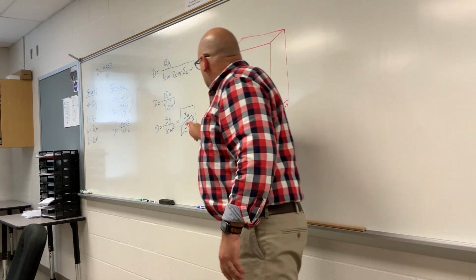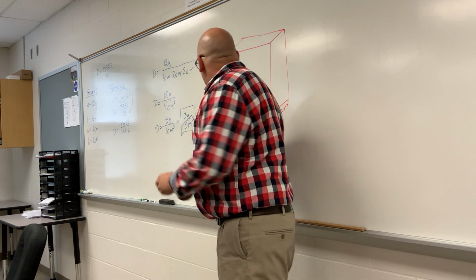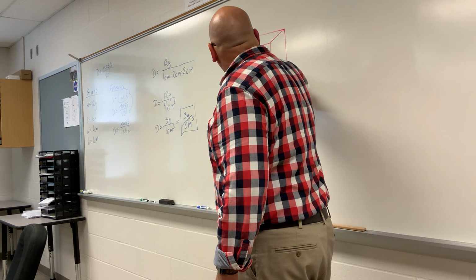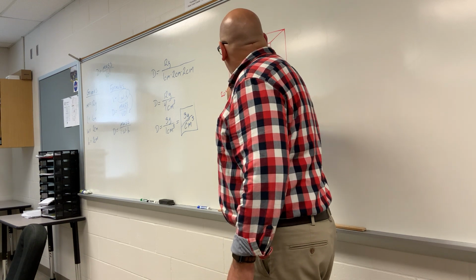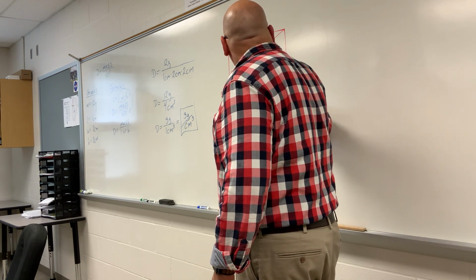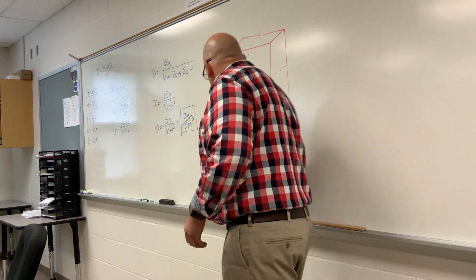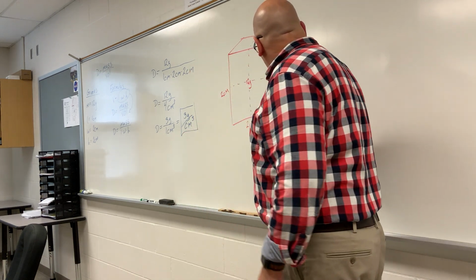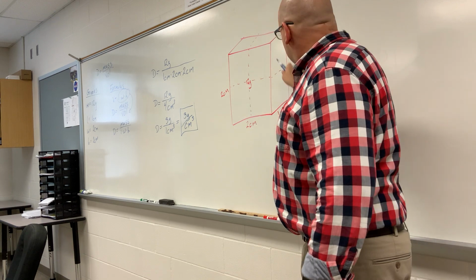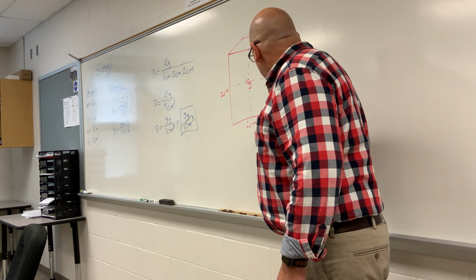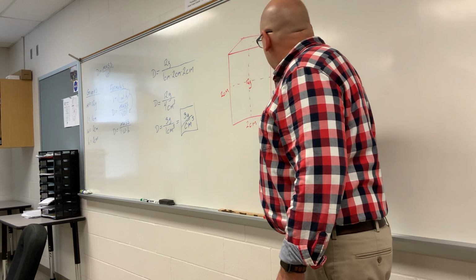So when we're saying it's 3 grams per cubic centimeter, what that means is if I were to take this box, split it in half one way, split it in half the other way, we're going to end up with segments that are each 1 centimeter by 1 centimeter by 1 centimeter.